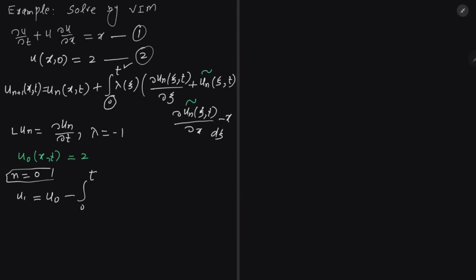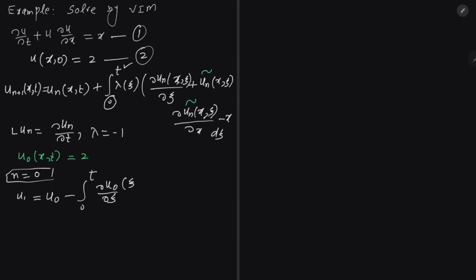So minus the integral from 0 to t of partial u0 by partial xi. Sorry, there should not be a t. It should be x and xi. This is the correct way: x and xi.